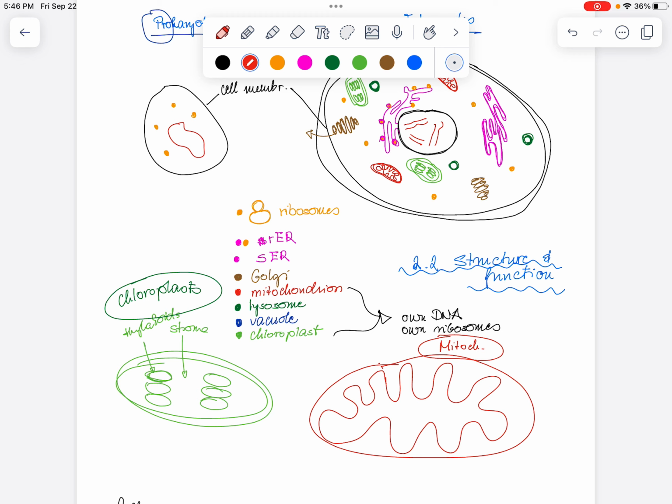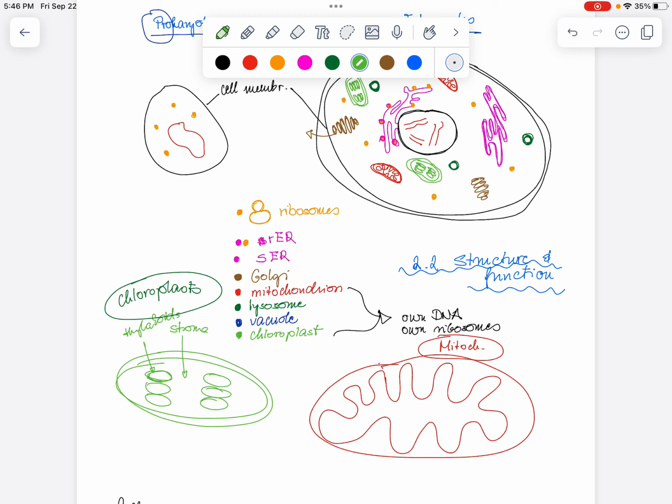Now, let's talk about the chloroplast first. They have folded inner membranes that increase the surface area, which allows for more ATP production for the cell.